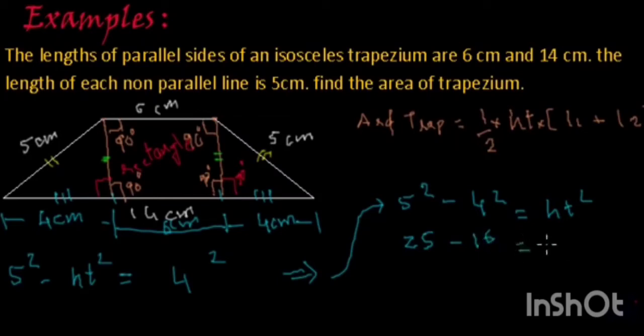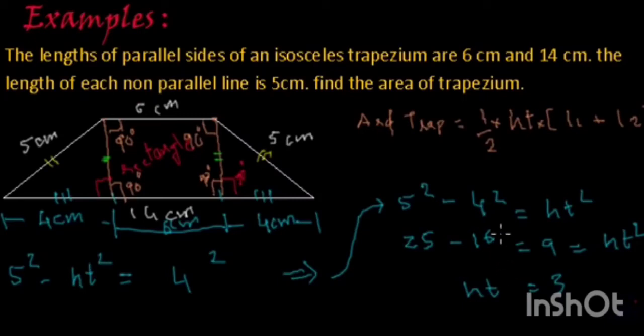This is 9. And what is this? This is the square of height, right? So what will be height? Height will be square root of 9, that is 3. Yes, we have found the height.